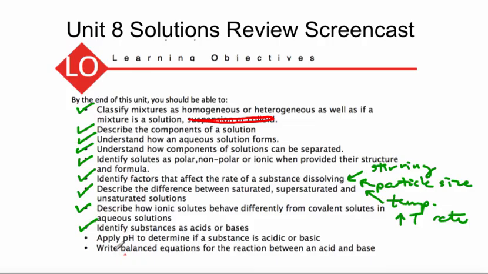All right, next piece, using pH to determine if something is acidic or basic. The fundamental thing to remember about pH is a measure of a particular particle, the acid particle, the hydrogen ion. And our scale that we use goes from 0 to 14.